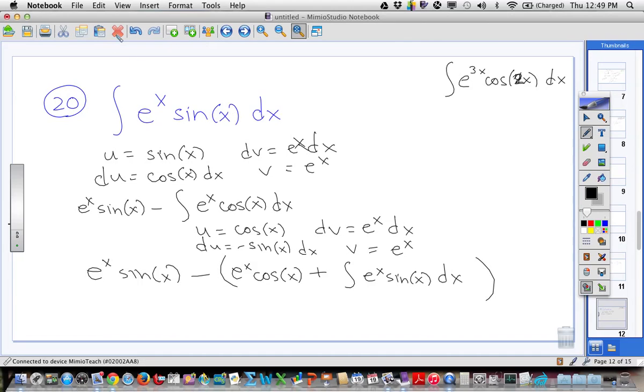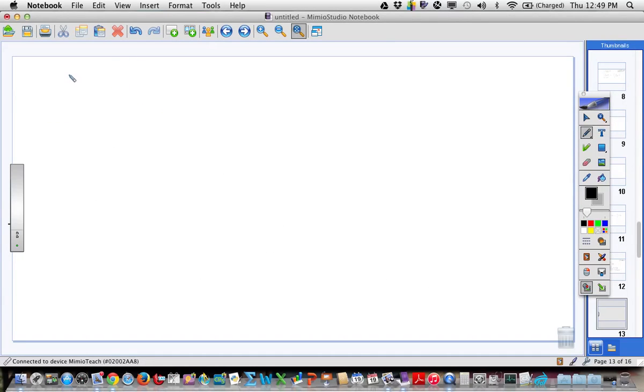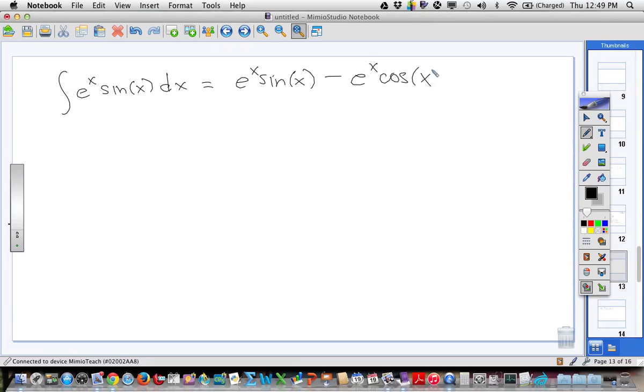So let's write that. Let me go to a new page here. And so this is what I have. The integral of e to the x sine x dx is equal to e to the x sine x minus, now I have to distribute that negative, so minus e to the x cosine x, and then distribute that negative, minus the integral of e to the x sine x dx, right?